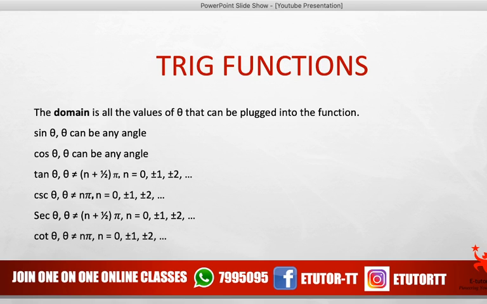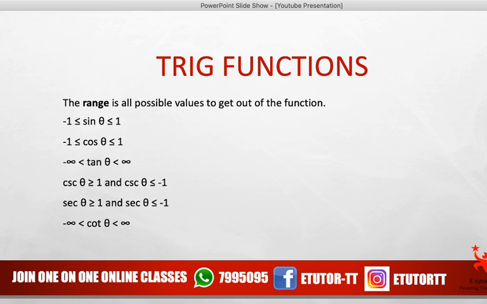Cot theta is not equal to n times pi, where n is equal to 0, positive or negative 1, positive or negative 2. These are just some things to help you when you're doing domains, just stuff you can learn off.